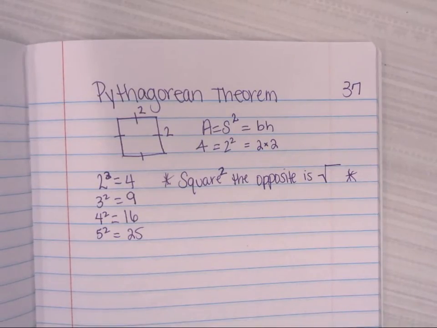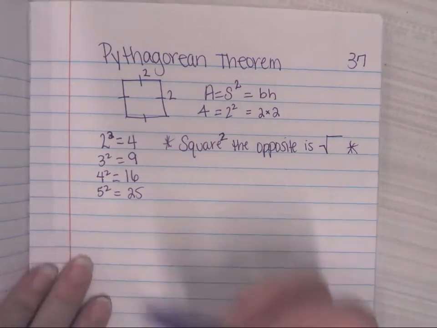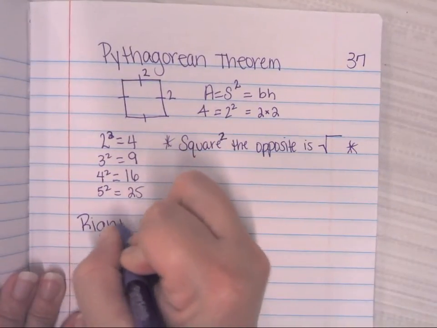Okay. Pythagorean theorem is a formula that will tell the distance of a hypotenuse of a right triangle. This only deals with right triangles. So let's first talk about right triangles.